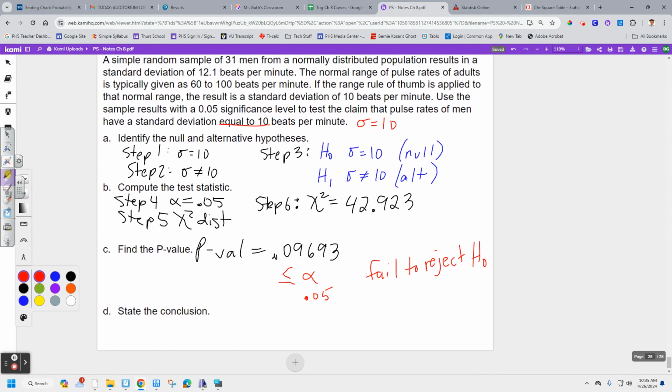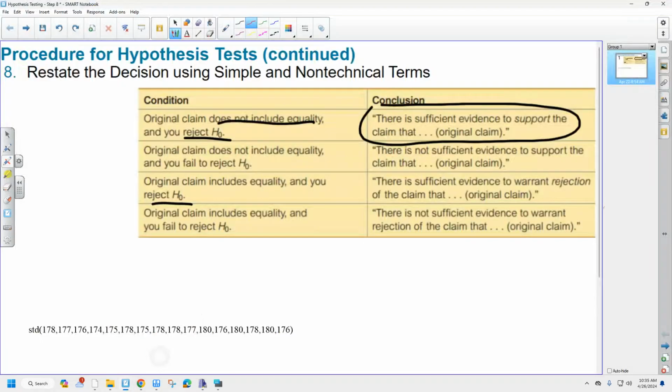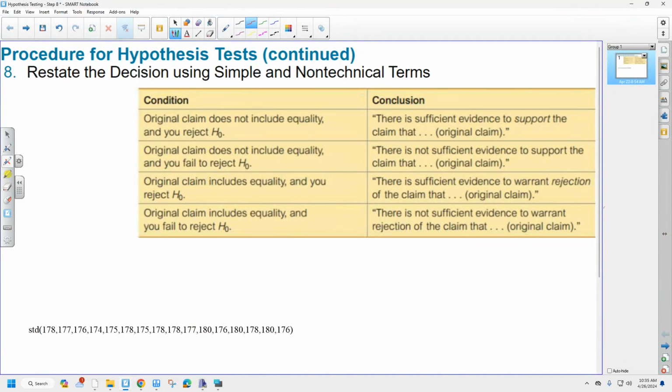State the conclusion. We'll go back here. We fail to reject, and the original claim includes equality, right? So this is our language we're going to use.